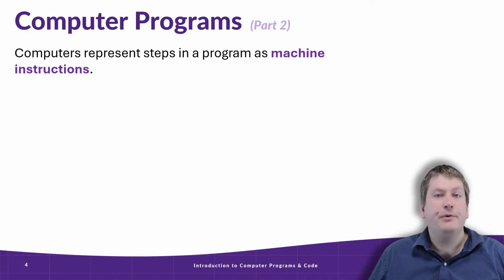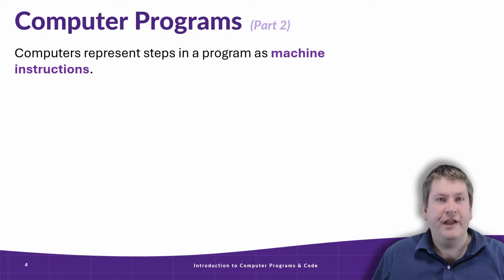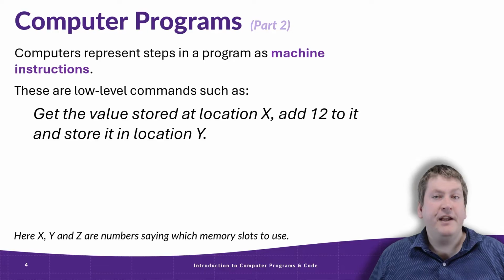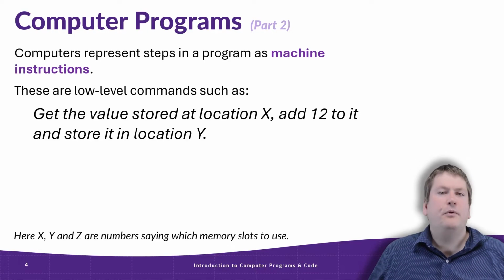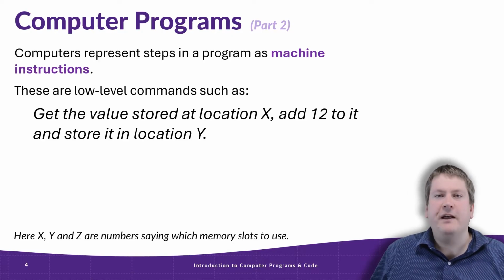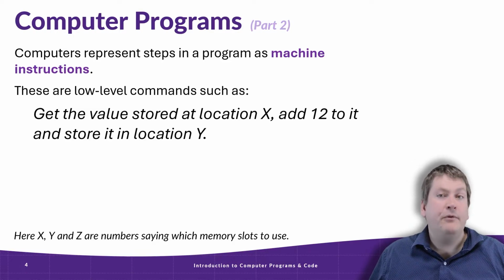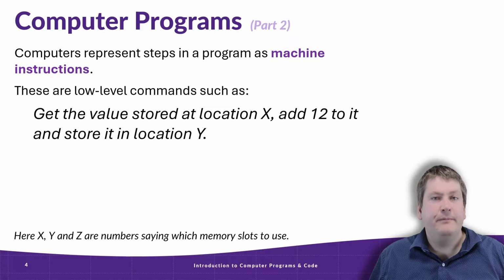These instructions in a computer program are understood by the computer as machine instructions, very low-level and simple instructions your computer's processor can understand. They tend to be very hardware-specific instructions, involving moving or manipulating data stored in your CPU's memory called registers. For example, it might be something like retrieve the value stored at location X, add 12 to it, and store it in memory location Y, where X and Y would be specific memory addresses.